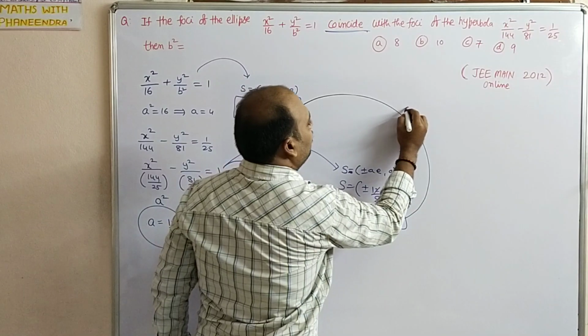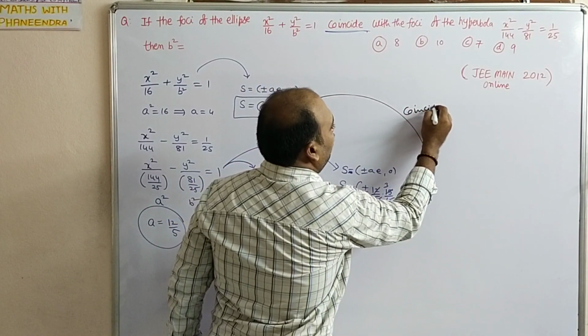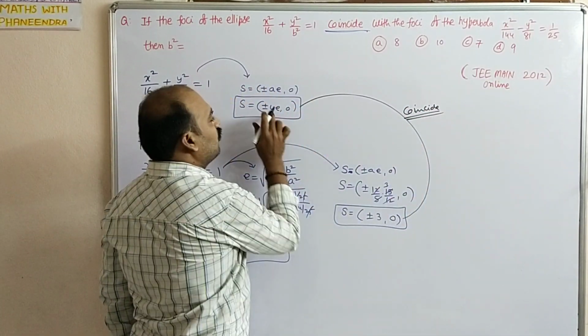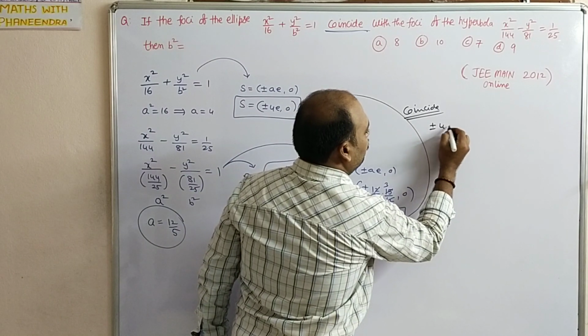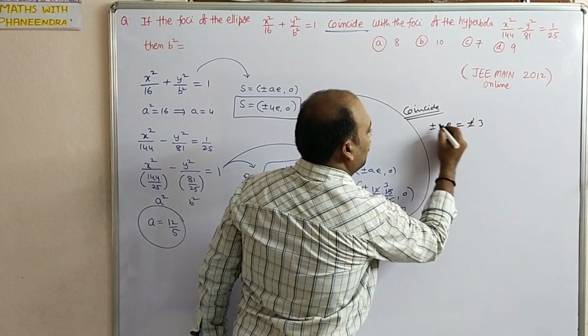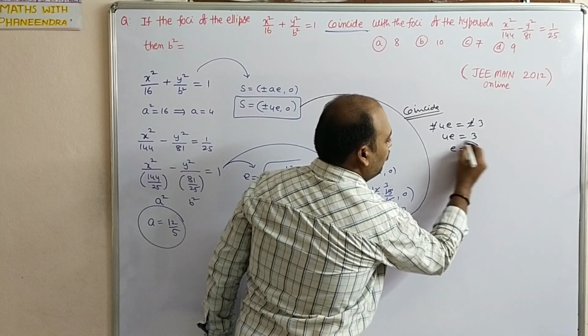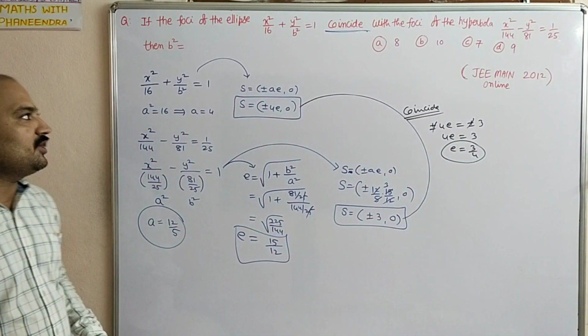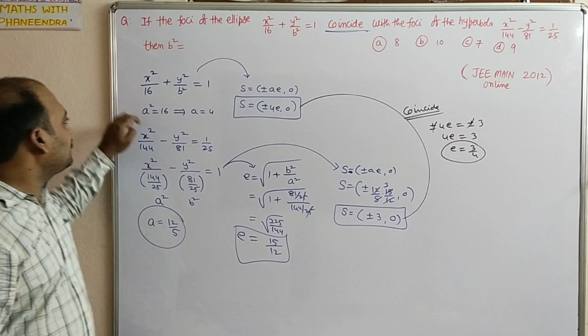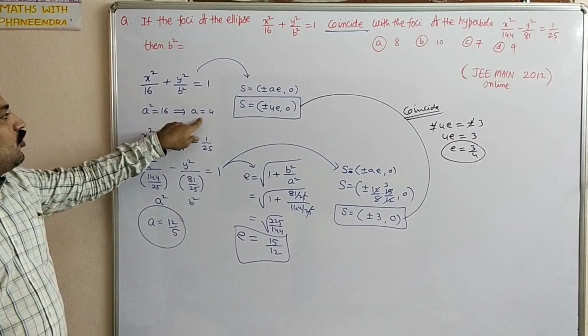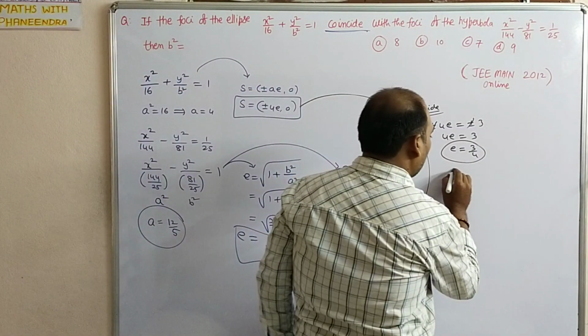Since they coincide, 4e is equal to plus or minus 3. So 4e is equal to 3, e equal to 3 by 4.